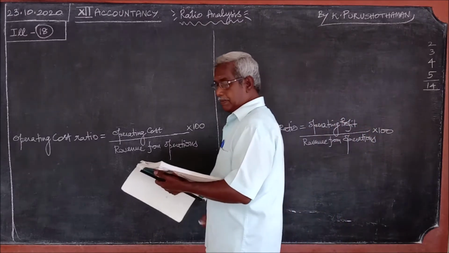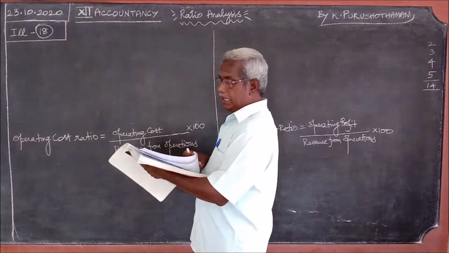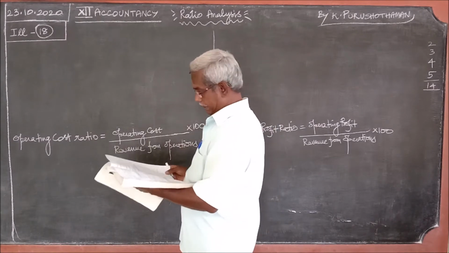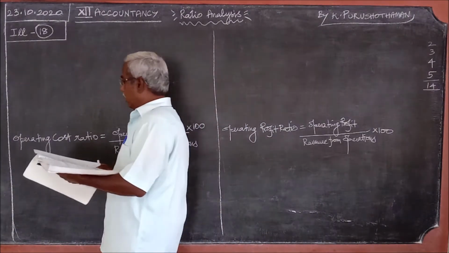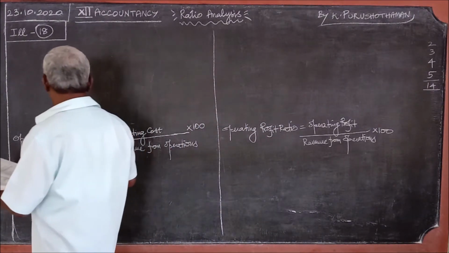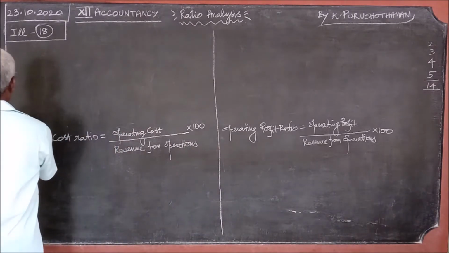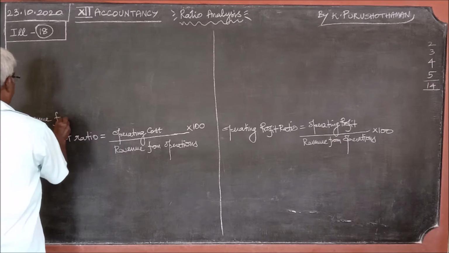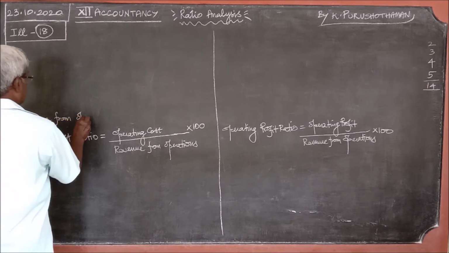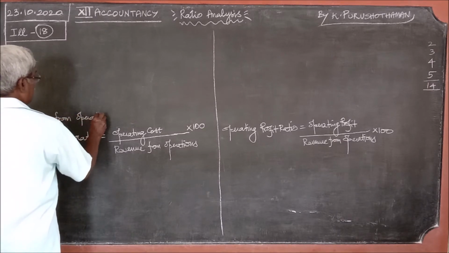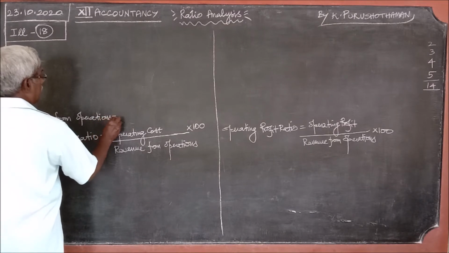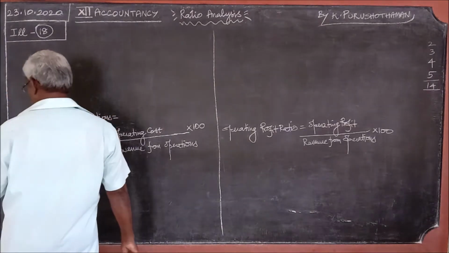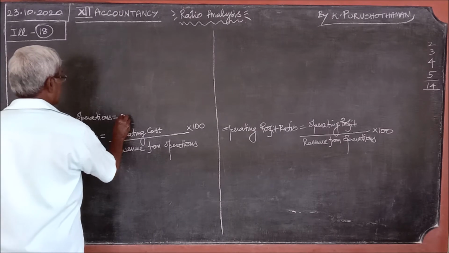In this problem, the denominator is given straight away. Revenue from operations, the first case, the denominator, revenue from operations is equal to rupees 20,000, it is given.